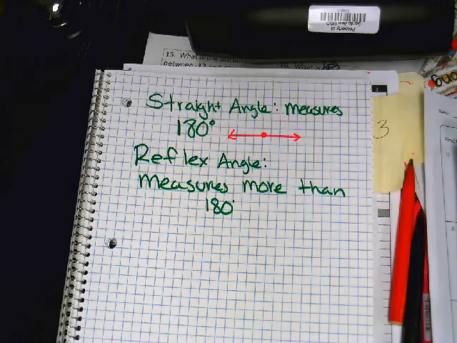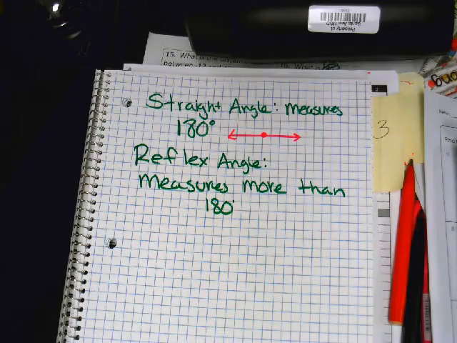My goal is to be on the skateboard and hit a 360. If I start here, I end here, a full revolution. That's a 360. A reflex angle would be like: I'm on my skateboard, flying in the air, turning, 180.